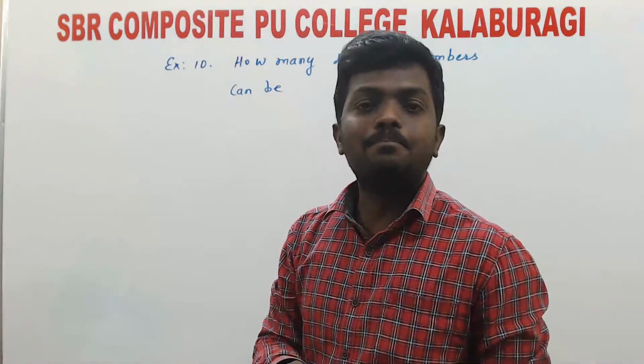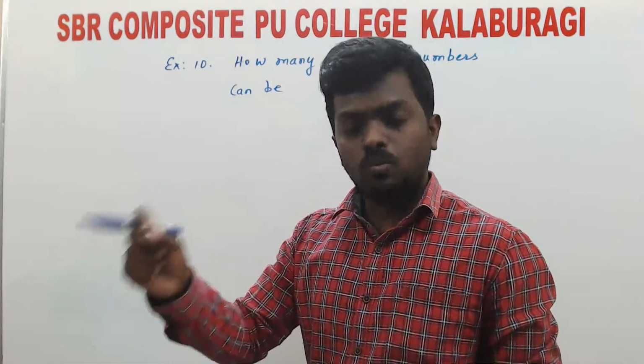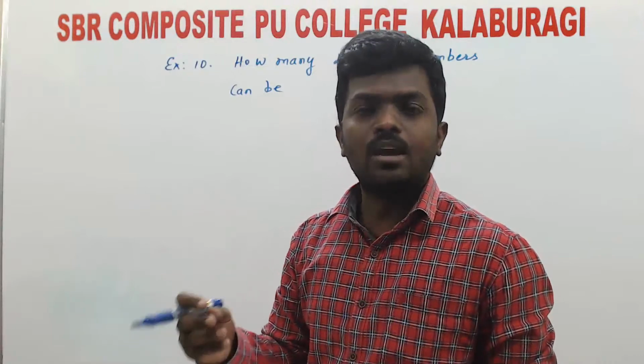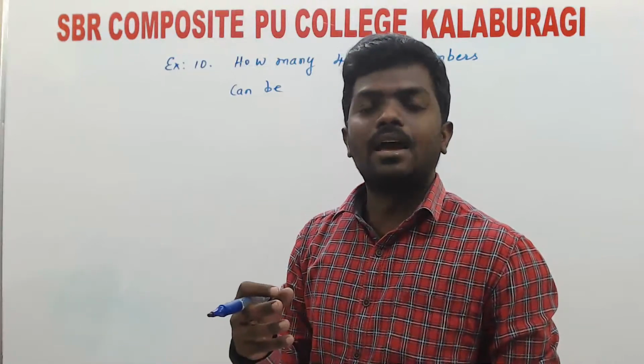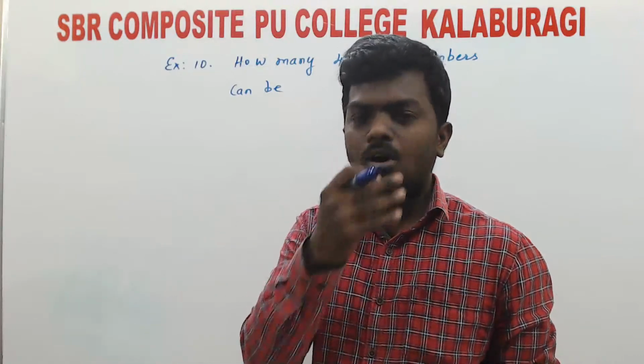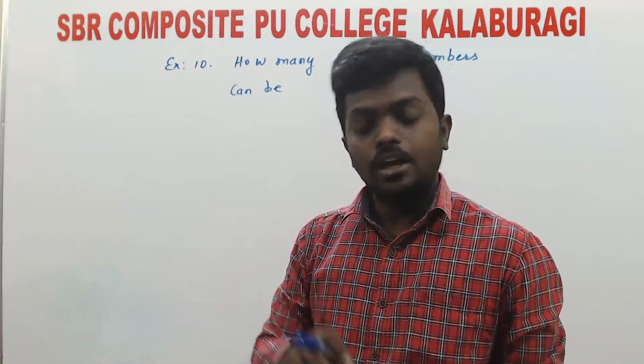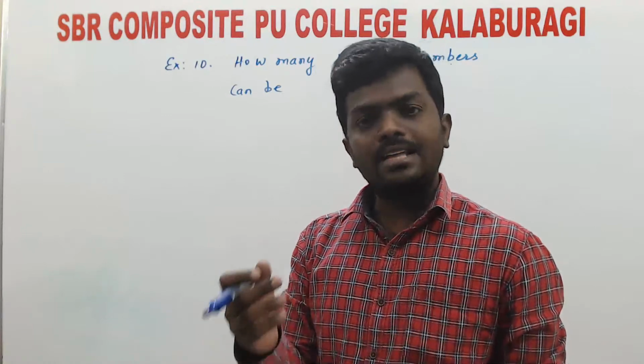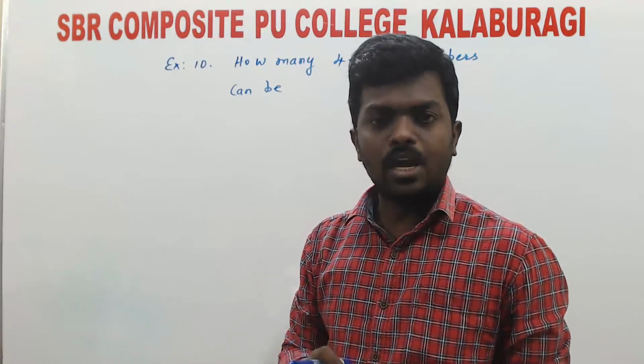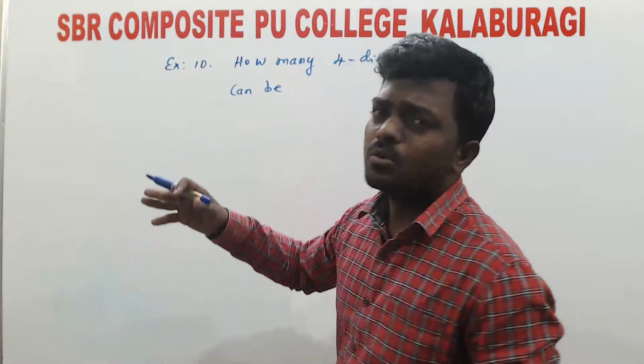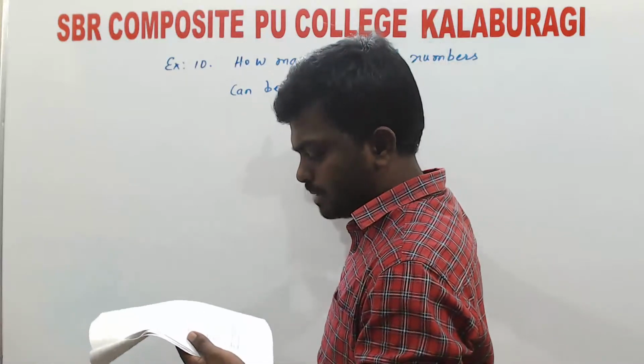To solve example 9, we need one more understanding of the concept. I need to give you a background explanation before solving example 9, so that we'll do tomorrow. Now, based on what we studied today, we shall solve example 10.